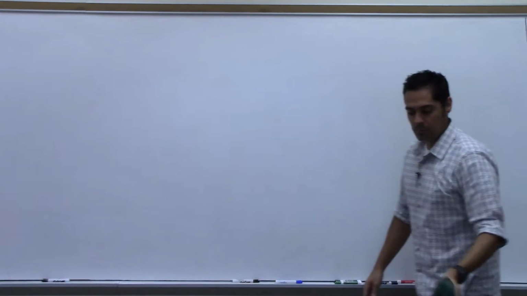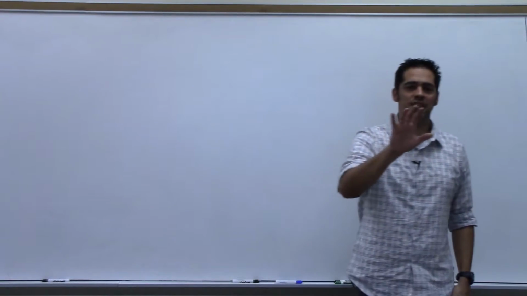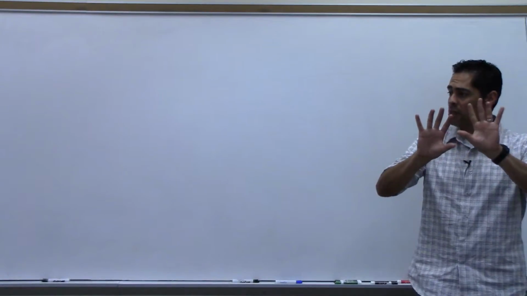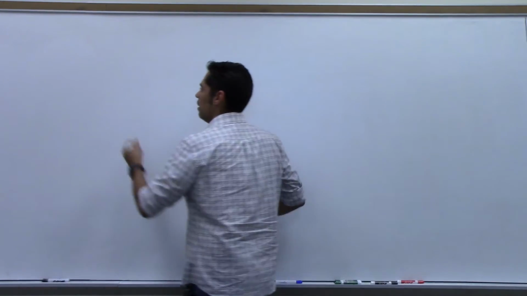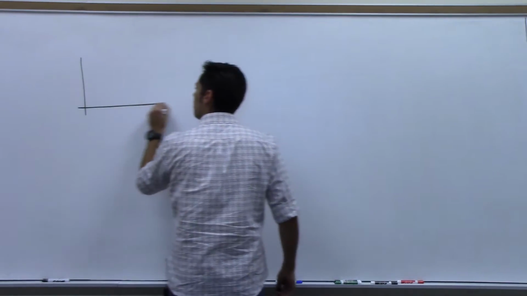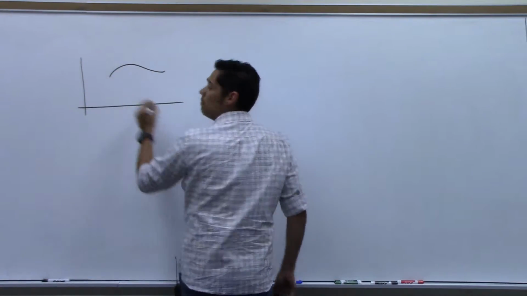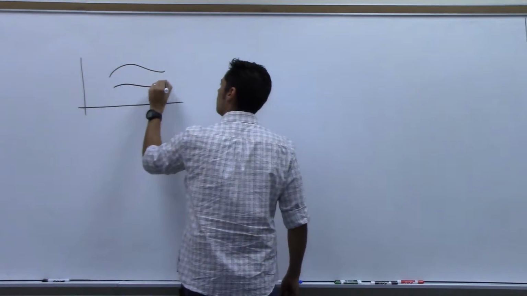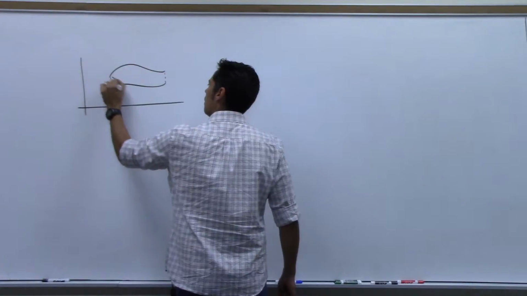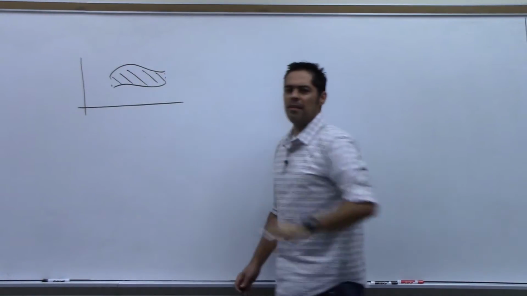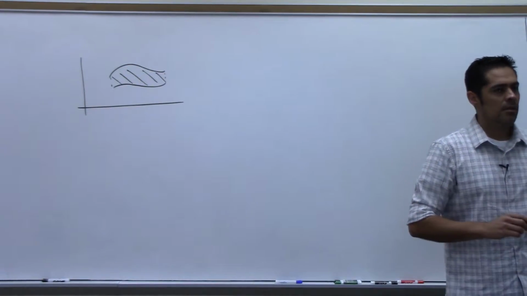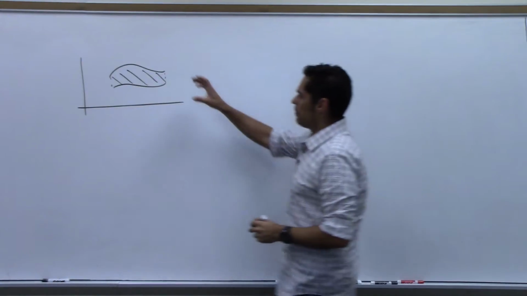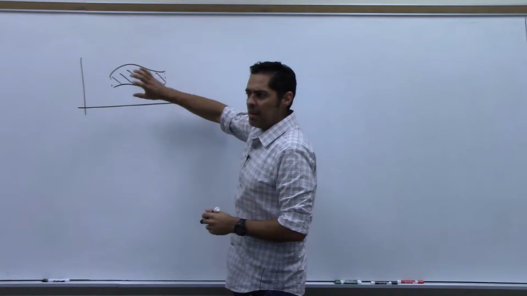Okay. What we want to do is we want to imagine taking that region, which lives on a flat sheet of paper, right? And we don't want to find the area. That was last class. We want to imagine taking this and rotating it around the x-axis.